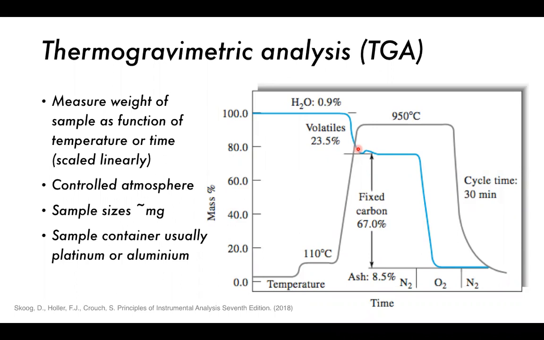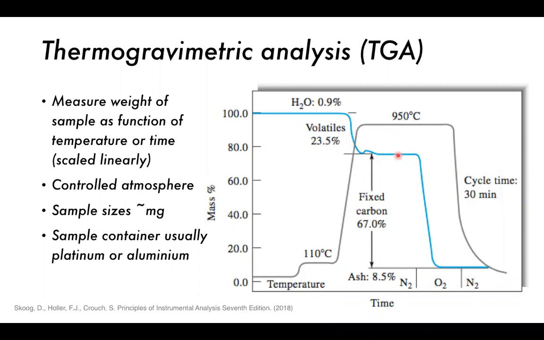It could produce sulfur dioxide. It could produce things like acetic acid. It just depends what this volatile thing is, really. But basically some sort of volatile chemical comes off. Since you know the initial mass and you know the mass after that process is completed, you have this 23.5%.